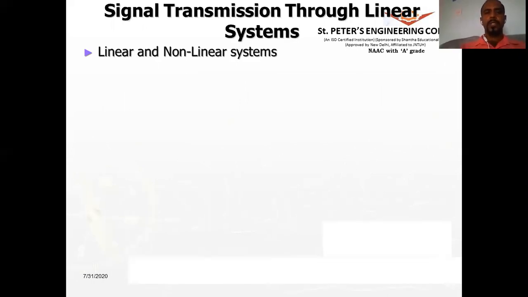We have already seen what are causal and non-causal systems, what are discrete and continuous time systems. We have also seen what are memory and memoryless systems, or static and dynamic systems. So in this session, we will understand linear and non-linear systems.